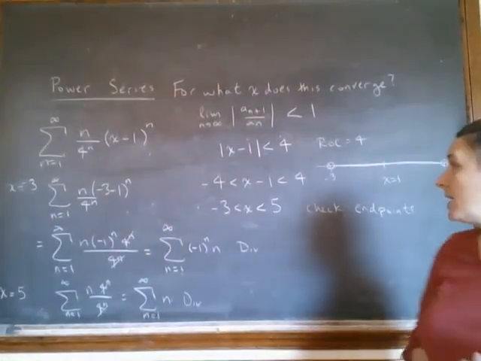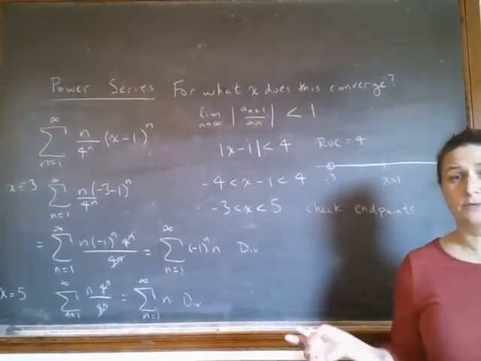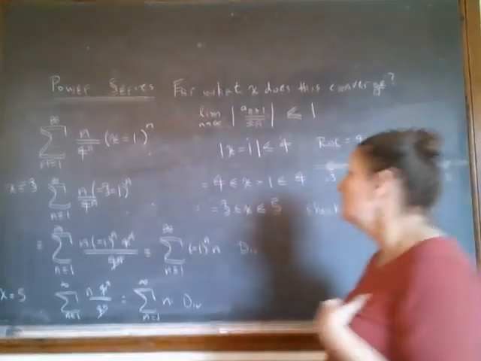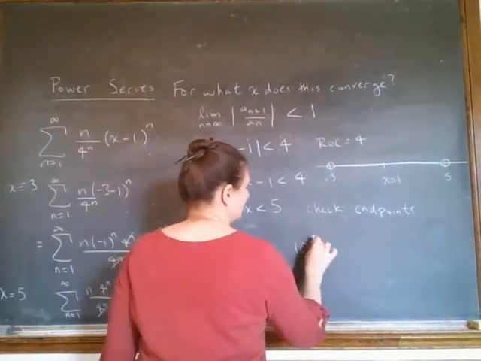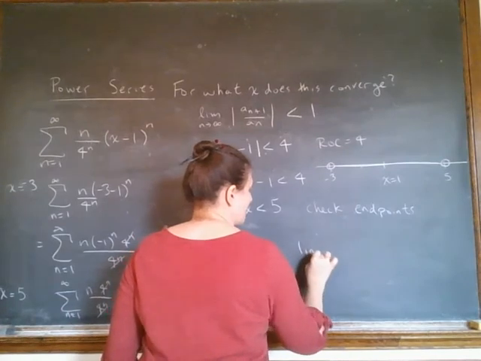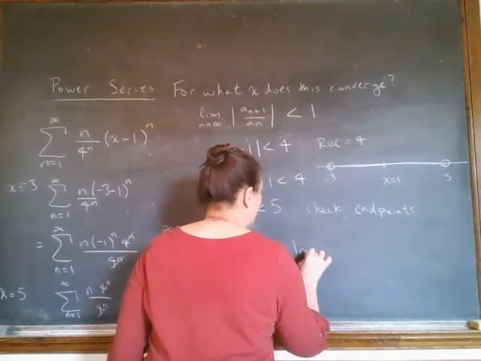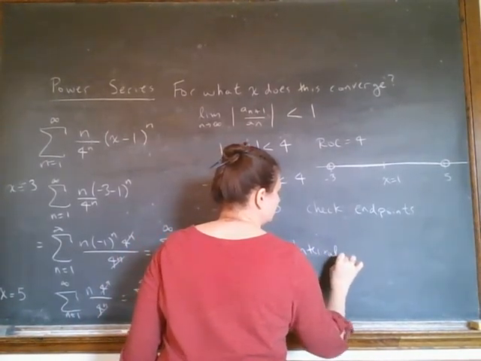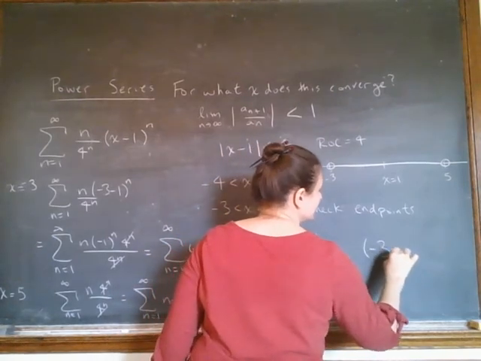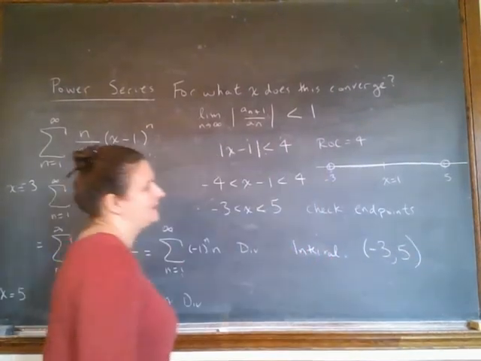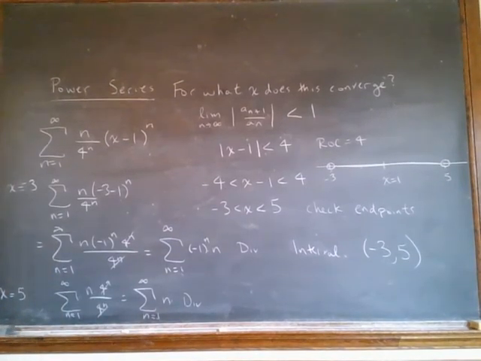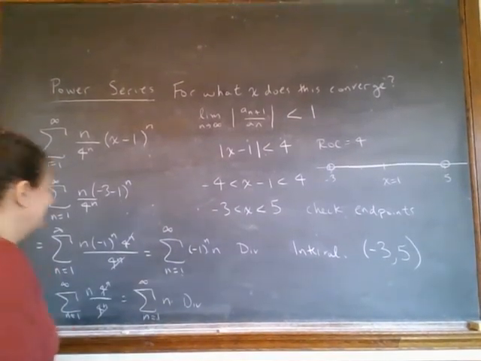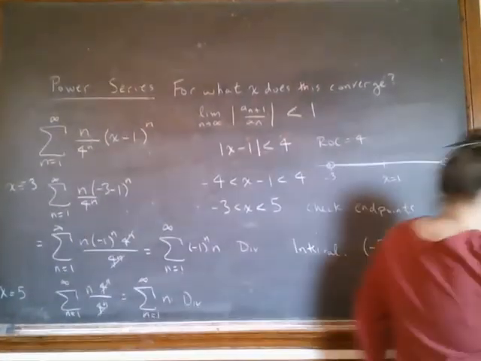In one case, the first case we did, one of the endpoints worked and the other didn't. In this case, neither of the endpoints worked. So my interval of convergence is minus 3, 5. Neither minus 3 nor 5 is going to work. 3 works just fine. Okay? 3 is over here.